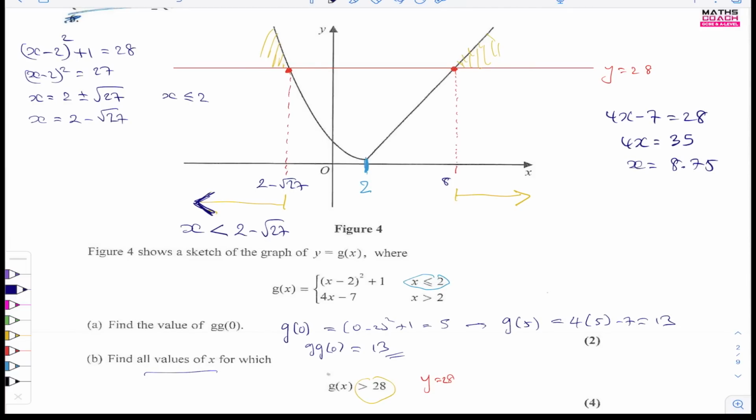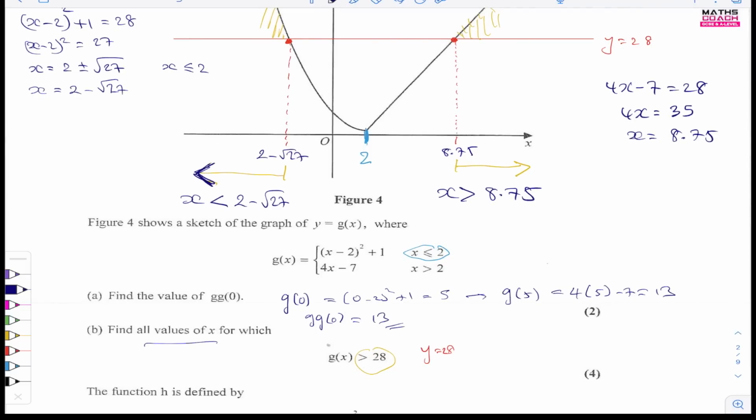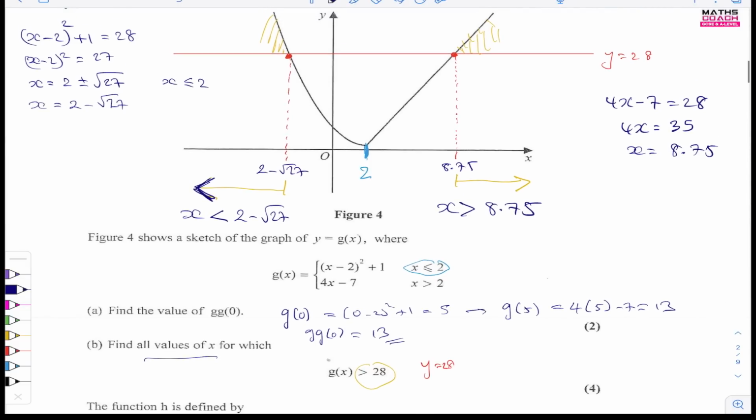So here we can write 8.75. And you can see here that when x is bigger than 8.75, the graph g of x is above the red line. So we need x to be bigger than 8.75. Okay, it's not asking for set notation, so we can just leave the answer using inequalities, because that expresses all the values where this is the case.